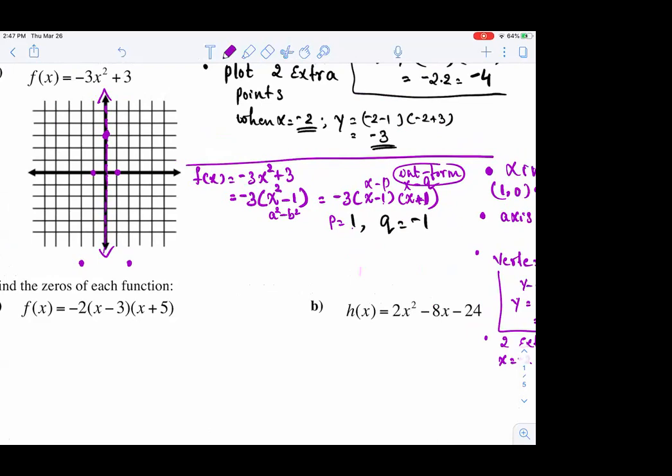Now, look at the equation and tell me, is the graph going to open up or is it going to open down? Down, because there is a negative sign there, so it's going to be down. We know that. Okay, now let's connect. So now we have an opening down parabola, facing down.